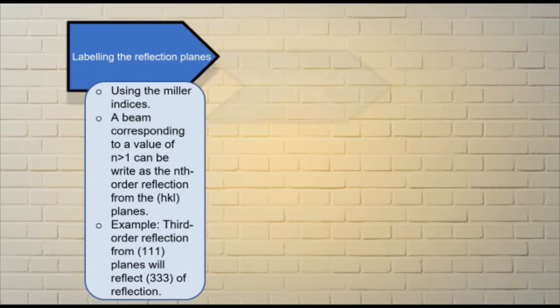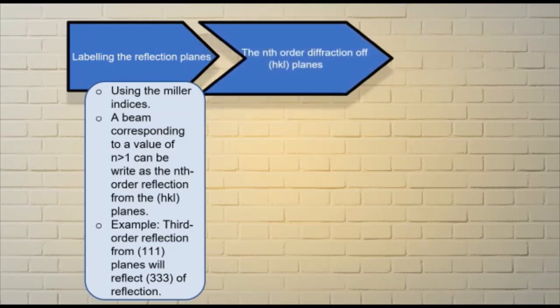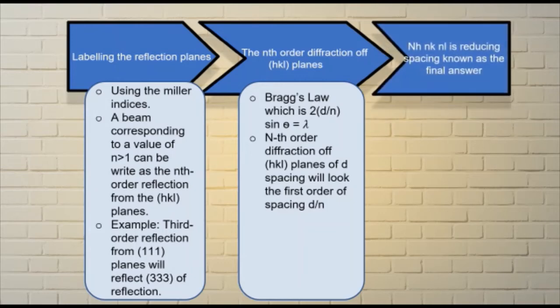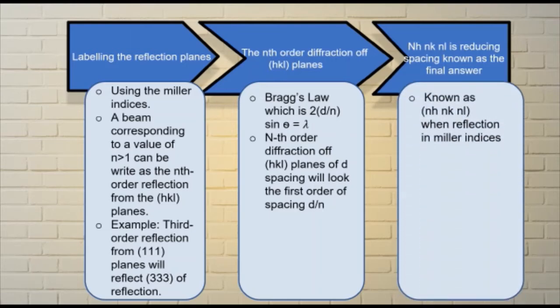Second, the n-order diffraction of the hkl plane: Bragg's law is 2d over n sin theta equal lambda. N-order diffraction of the hkl plane of d spacing will look like first order diffraction of spacing d over n. The final answer is that nh, nk, nl is the reduced spacing, known as the reflection in Miller indices.